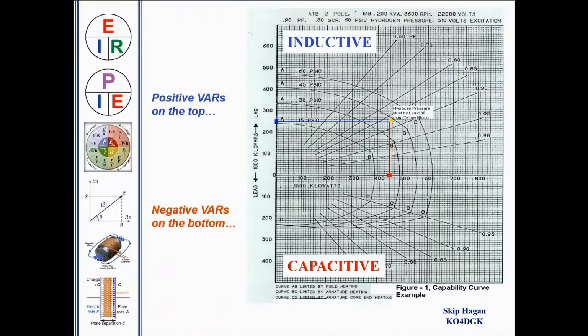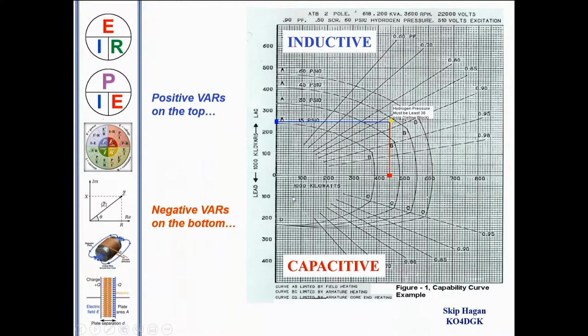This is a generator capability curve. And what it shows is the heat removal capability for a generator with a given hydrogen pressure. This particular curve here is based on a hydrogen-cooled generator.